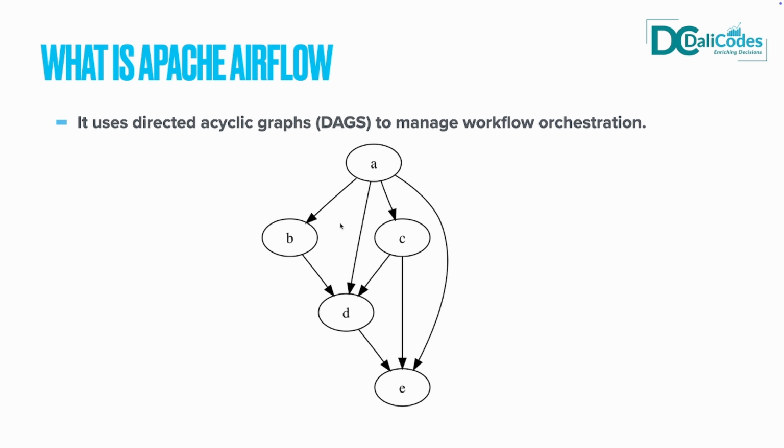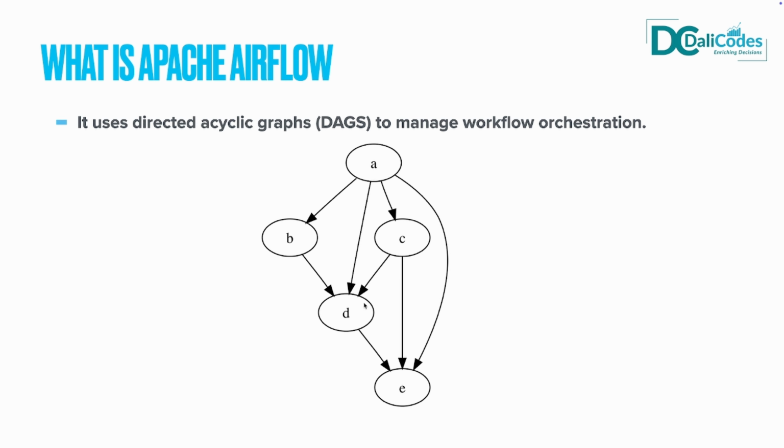So in the case of Airflow, the node is the task and the edge is the dependency. And the dependency is task A needs to run before task B or task C or task D runs. Task B cannot run unless task A has completed successfully or task A has been skipped.